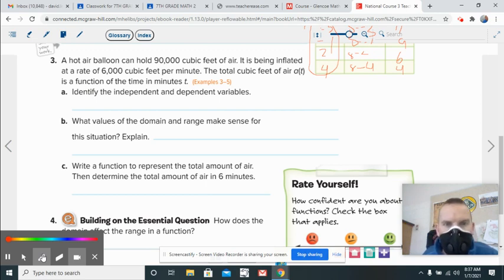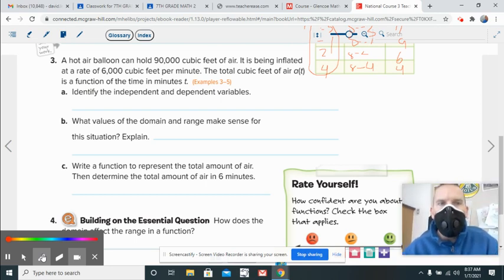Identifying independent and dependent. Okay, so first of all, we have to think about, does the air depend on the time, or does the amount of time depend on the air? Well, if we think about this, the air is the dependent variable because how much air can go into the hot air balloon depends on how much time you have, right?